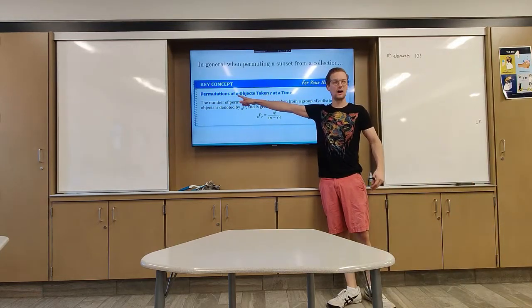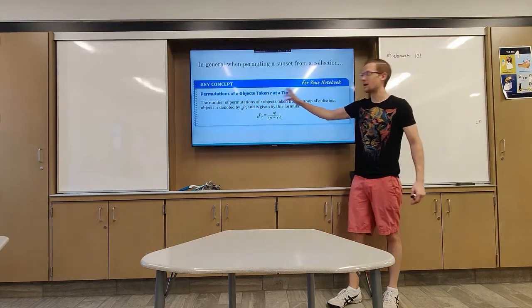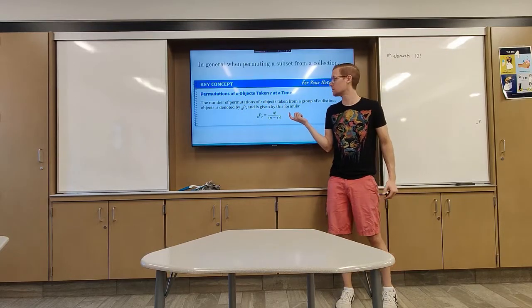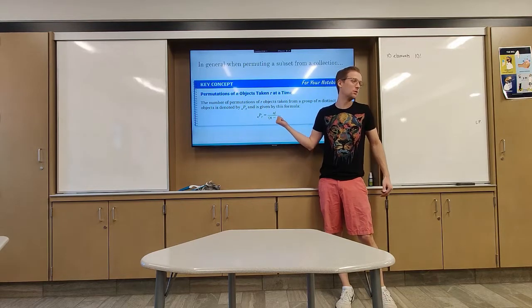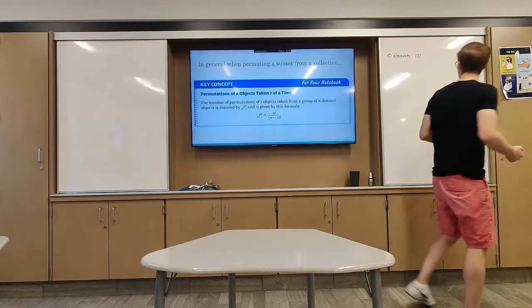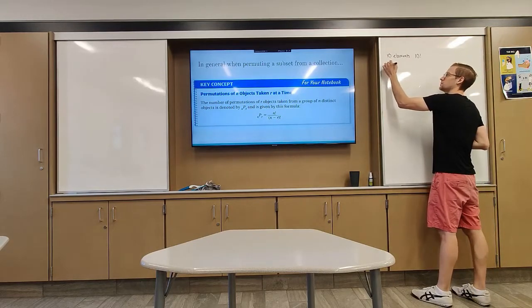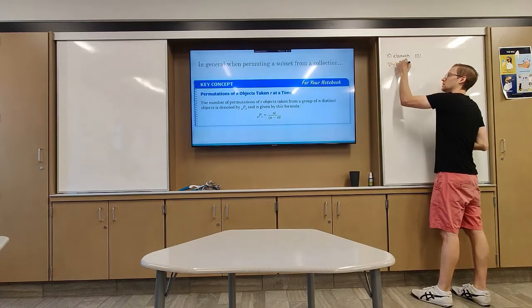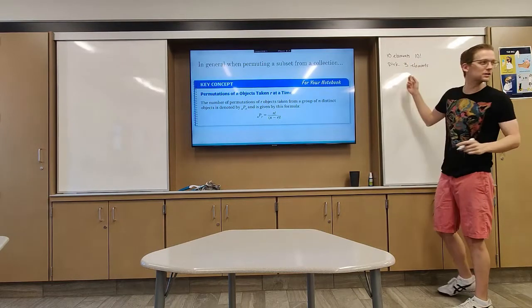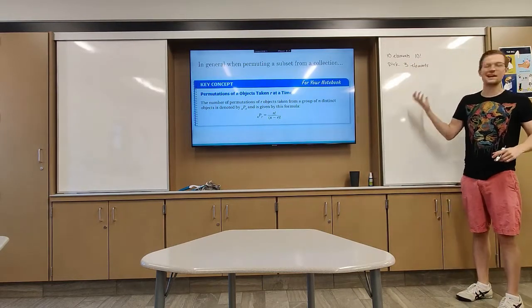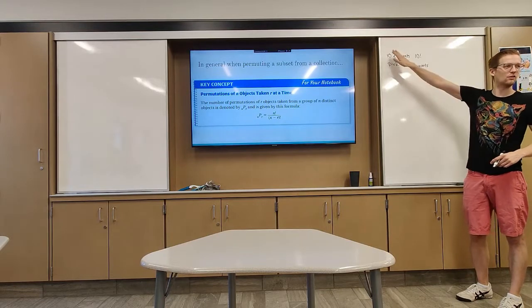This is permutations of n objects taken r at a time. So n and r can be any number, and this expression would be equal to this equation. Let's say I want to pick 3 elements, and the question is, how many different ways can I pick 3 elements out of these 10?